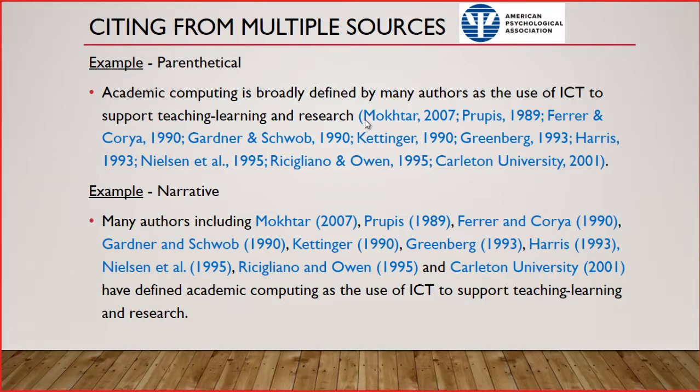So although paragraph number 2 also cites from Mokhtar 2007, you have to do it again, meaning that at the end of the sentence that you refer from Mokhtar 2007, before the full stop, you need to put the citation Mokhtar 2007.